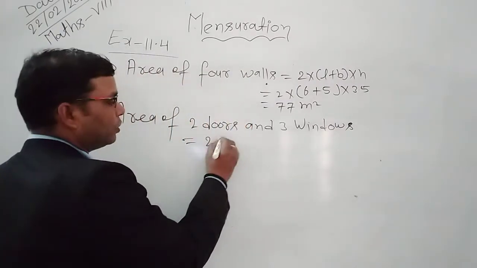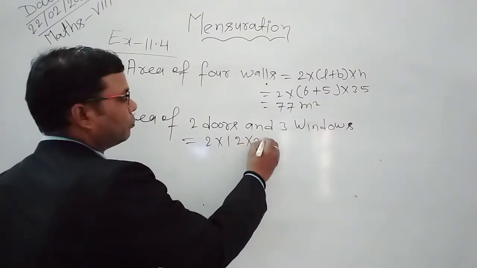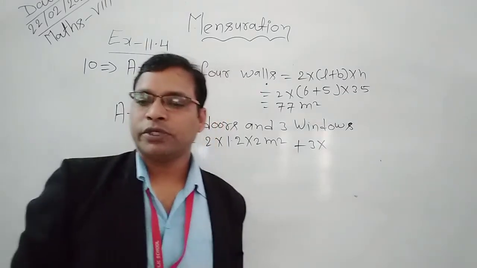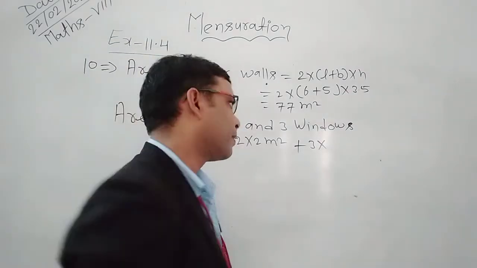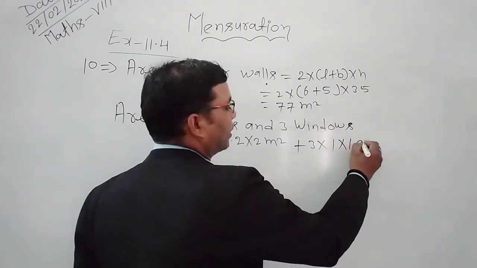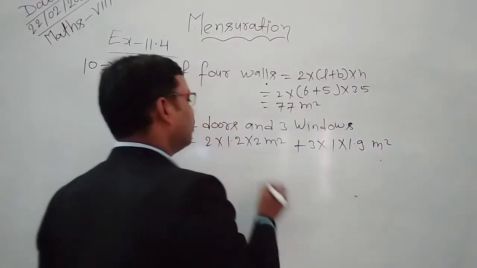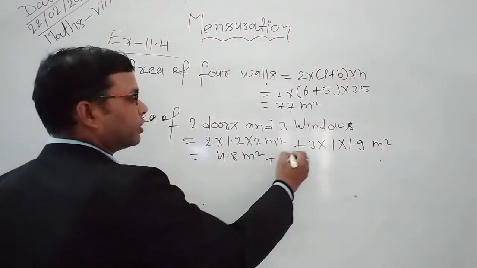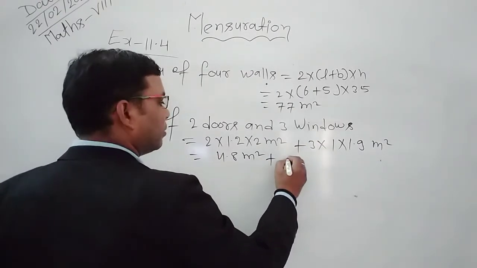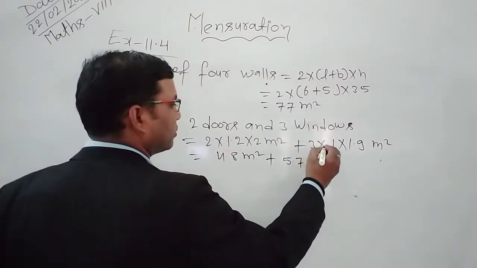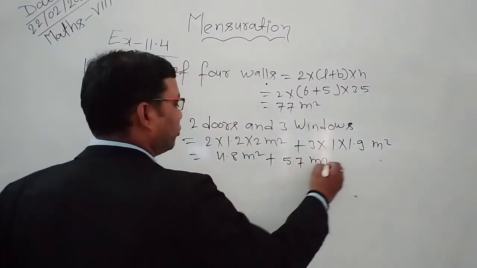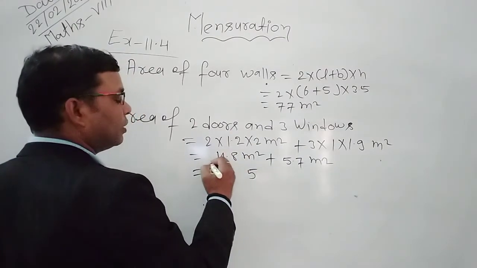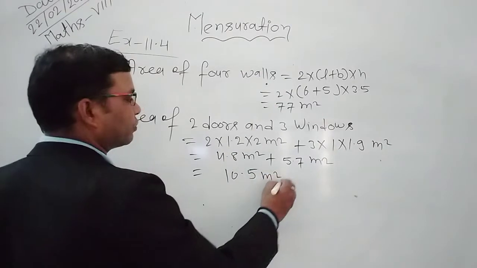So this is equal to 2 into 1.2 into 2 meter square, and 3 windows is equal to 3 into, the dimension of window is also given here, 1 into 1.9 meter square. If you multiply this, then you get 4.8 meter square plus 5.7 meter square. If you add them, then you get 10.5 meter square.